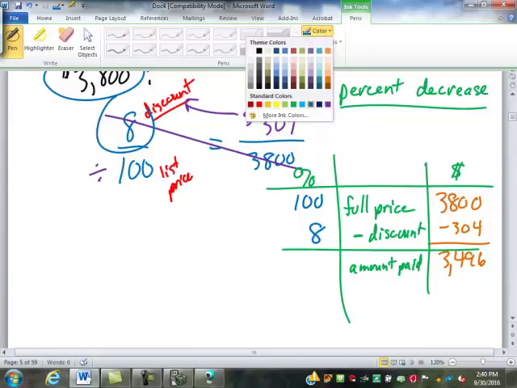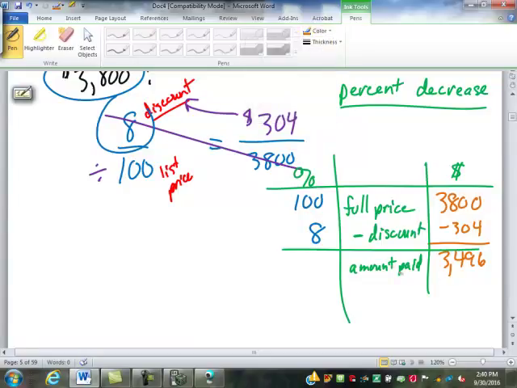With that information, we could have calculated that the amount paid is what percent? 100 minus 8 makes 92. If you think about it, it makes sense. If the whole amount is 100% and you're removing 8%, or a discount of 8%, what's left over is 92%.